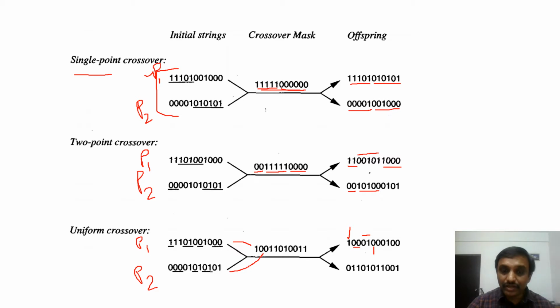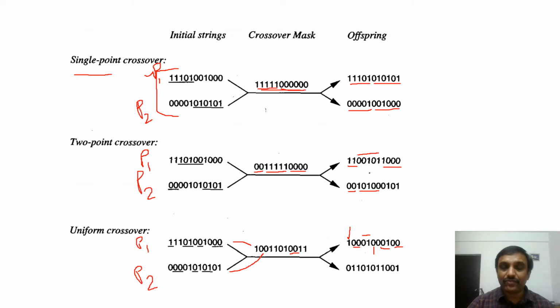Next 1. So that is present, that we are taking from this one. We have taken that one. Next two zeros, we are taking from P2. These are 0 1. Next two ones we are taking from P1.